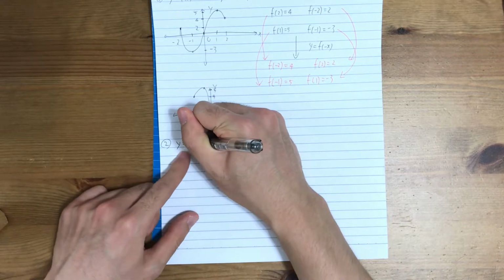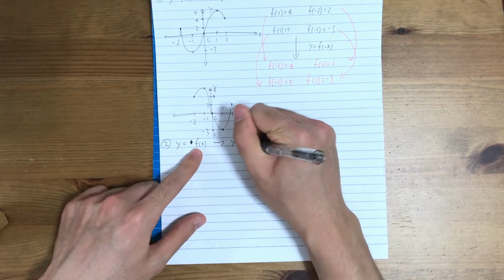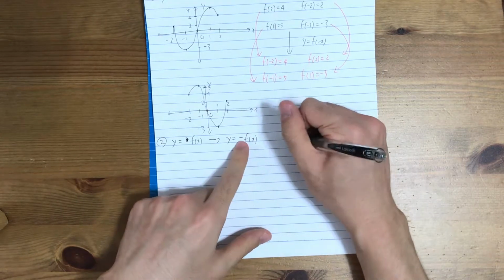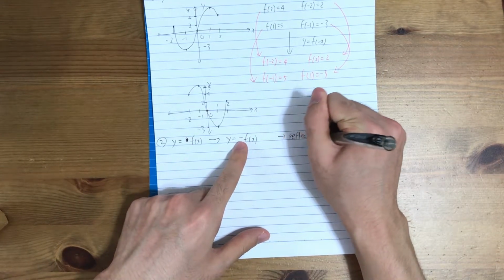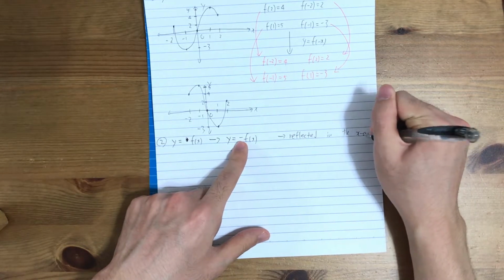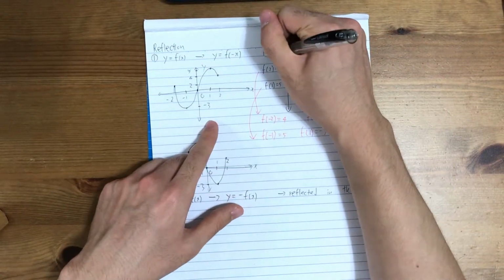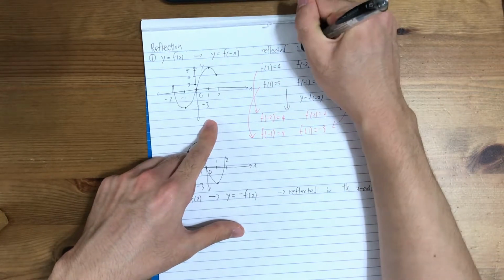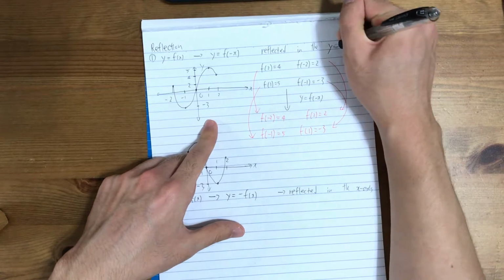Also, when we have a function like this, and we have to sketch this, this means reflected in the x-axis, and this is reflected in the y-axis.